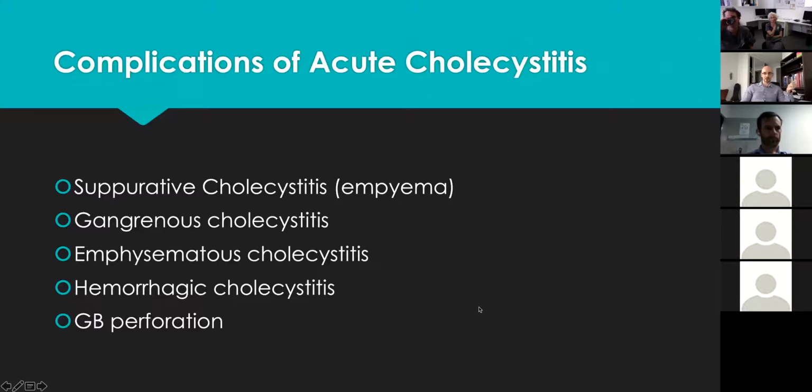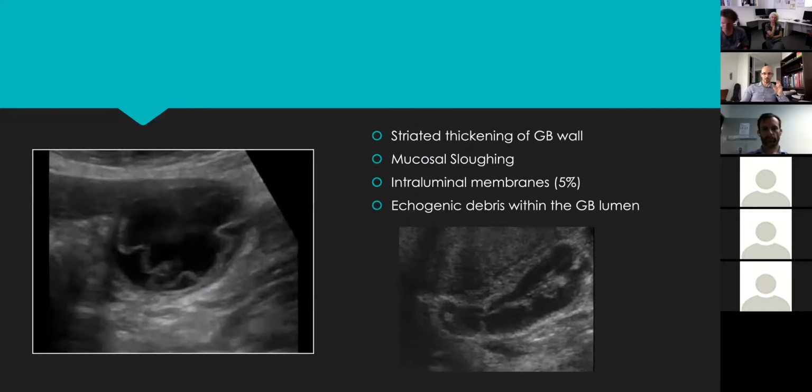Complications of acute cholecystitis can cause empyema, gangrene of the gallbladder, emphysematous cholecystitis, and hemorrhagic cholecystitis and gallbladder perforation. Again, just to save some time, I deleted some of the images, but I have included the other ones.